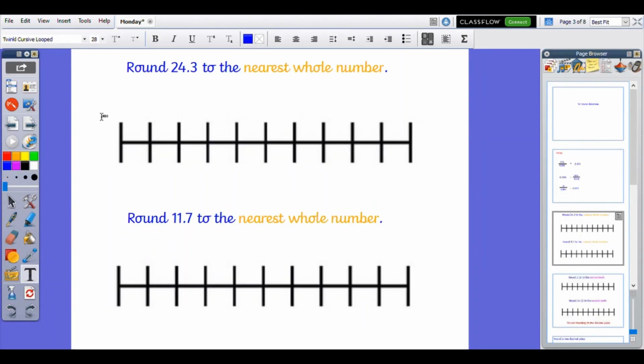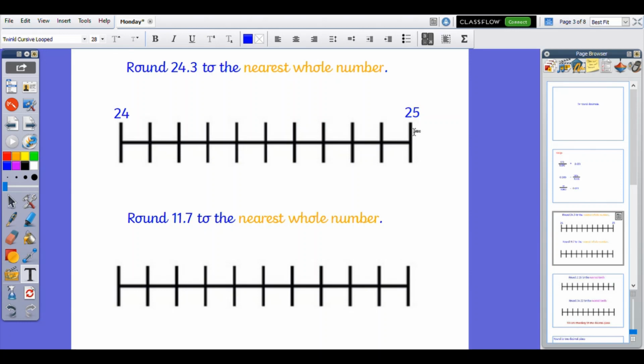So my first number would be 24 and my second number would be 25. Okay, so like a normal number line, we'd now have 24, 24.1, 24.2, 24.3, 24.4, 24.5, 24.6, 24.7, 24.8, 24.9, 25.